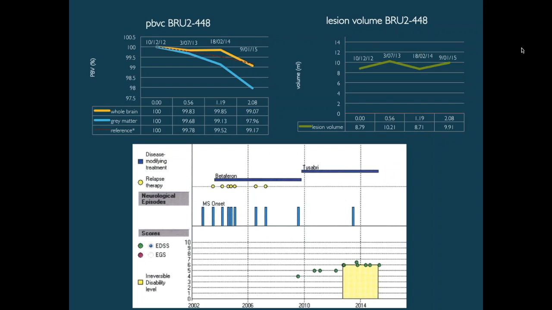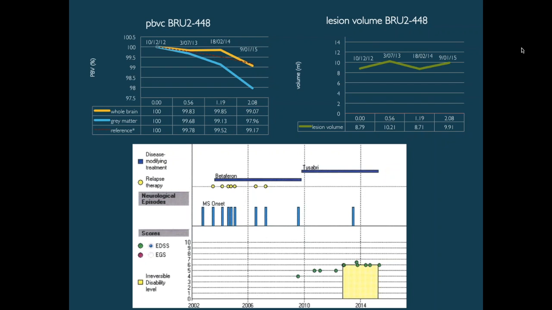In this patient, you can see that the upper line, the total brain volume, more or less follows the rate of atrophy that we would expect in a control group. The blue line seems to be a bit faster, but on the whole, in this period spanning several years, you see that there is about 2% volume loss in the gray matter structures.